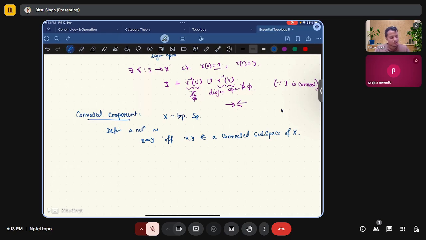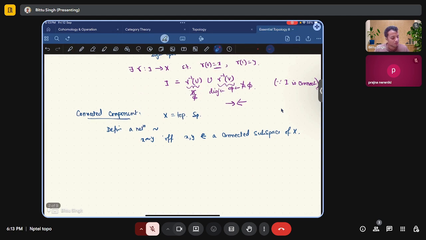Now the interesting thing is that this relation is actually an equivalence relation, because reflexivity is clear. X and x, two points, belong to the same connected subspace. This is always true. And symmetry: x related to y, just interchange x comma y. Similarly transitivity is also clear, because we know the fact: suppose x and y belong to the same connected subspace, and y and z belong to another connected subspace.